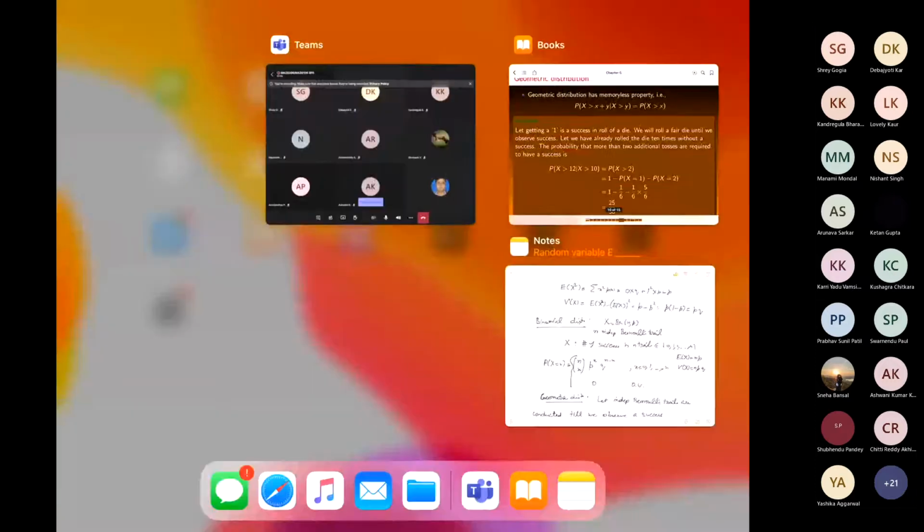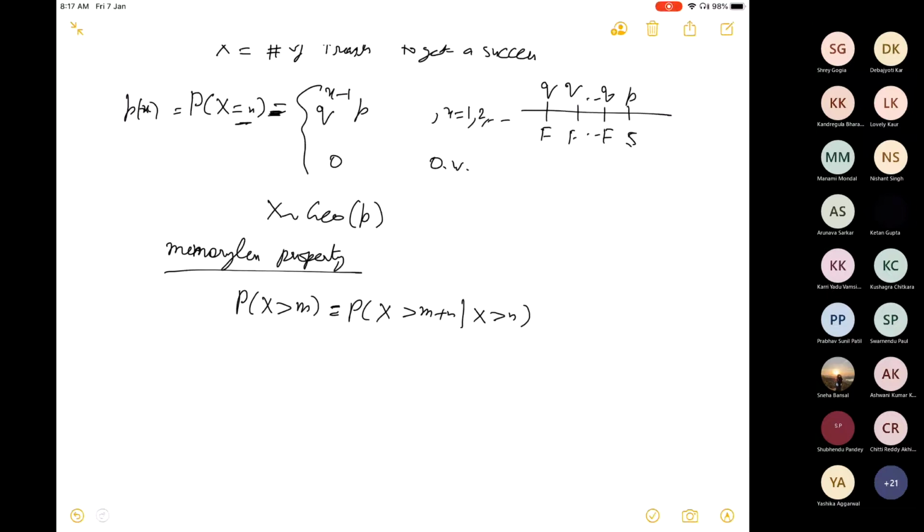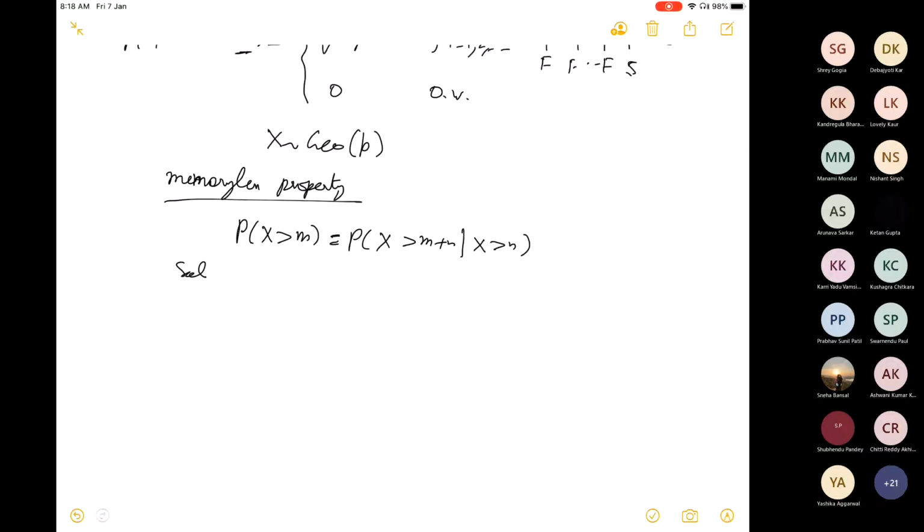Now, an important property of the geometric distribution is the memoryless property. Let us see the solution of this. Probability x is greater than m can be written as summation x from m plus 1 to infinity of the probability mass function, probability x is equal to x.